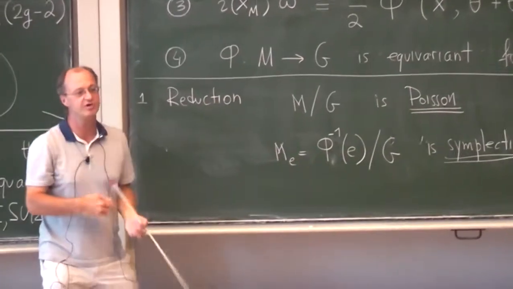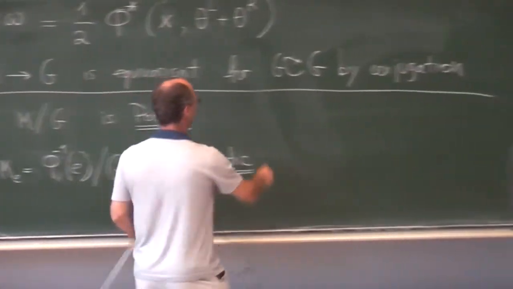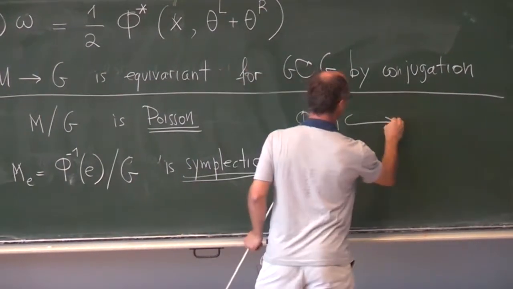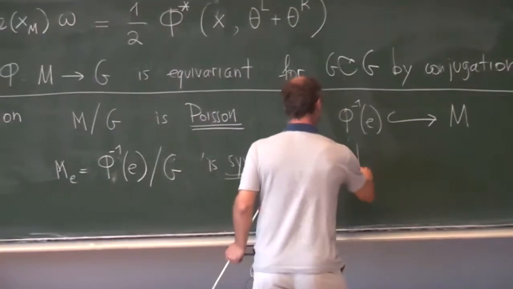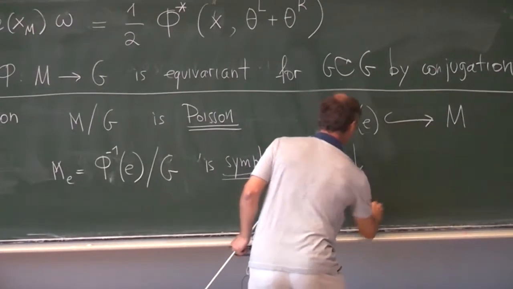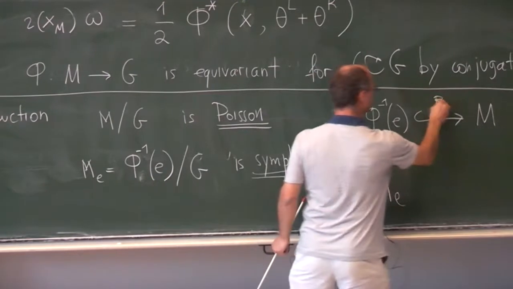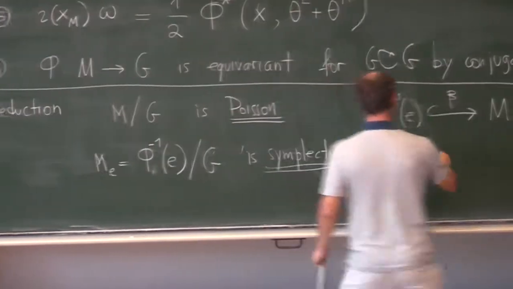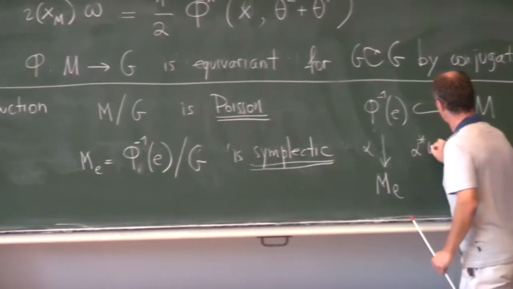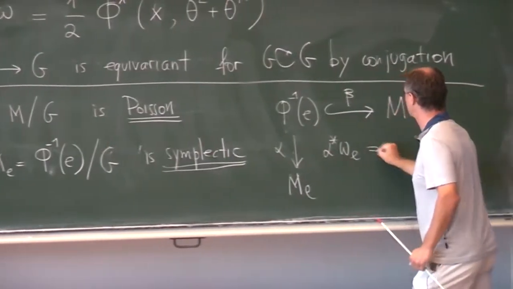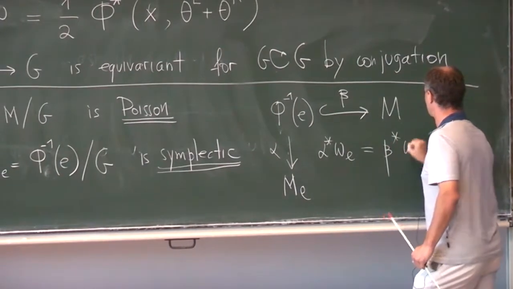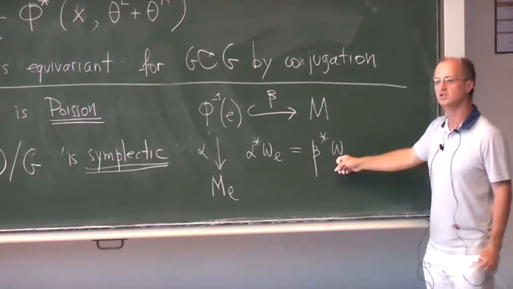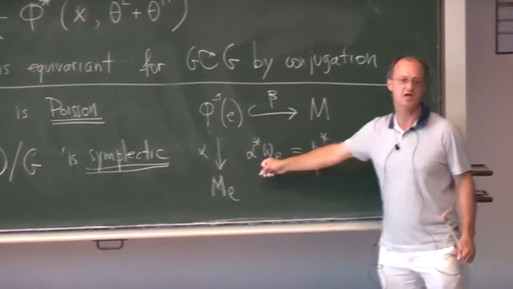And reduction is defined exactly in the same way as we did before. So you take a fiber of the moment map, you embed it into the manifold, and you project to the reduced space, and the pullback of the form on the reduced space is equal to the pullback of the two-form on M. So this guy is not closed and is degenerate, and this guy is symplectic.